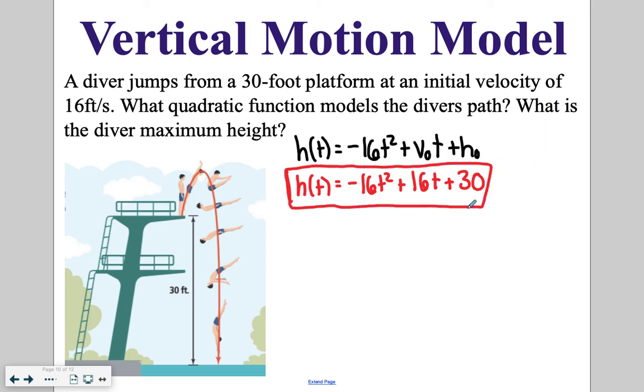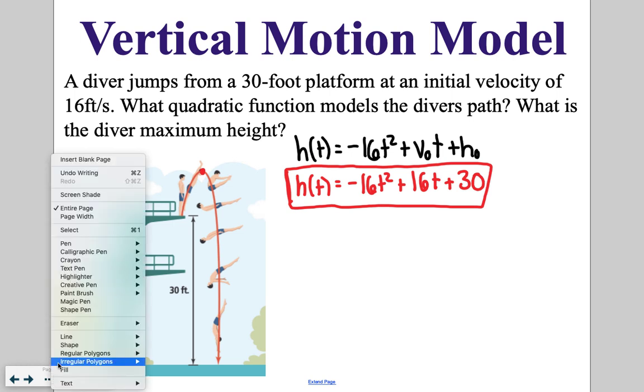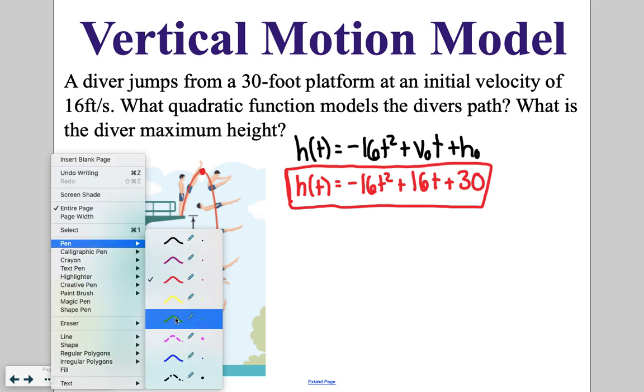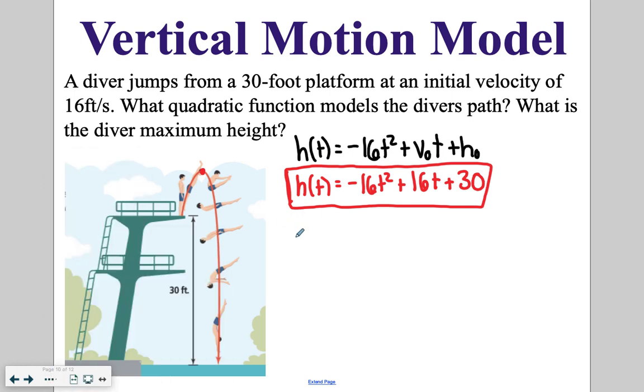Then it also asks us to figure out the diver's maximum height. So we're looking at this peak right up at the top, and that is going to, again, be our vertex. So it's going to go back to solving for our vertex. In order to solve for the vertex, the first thing we need is the axis of symmetry. So I'm going to take x equals negative b, so negative 16, over 2 times my a value, which is also negative 16.